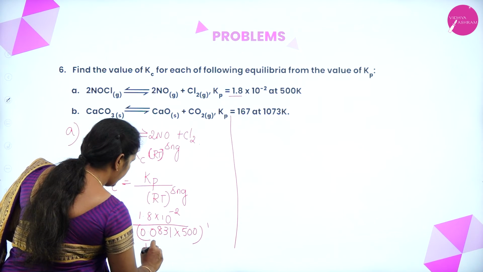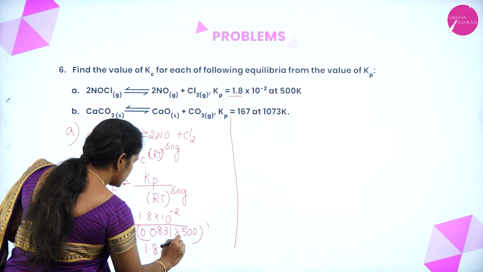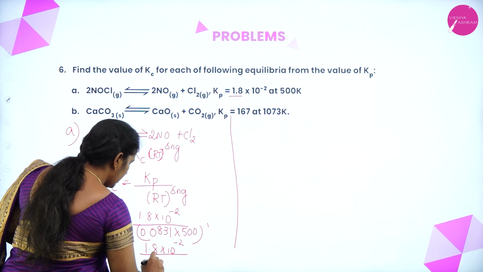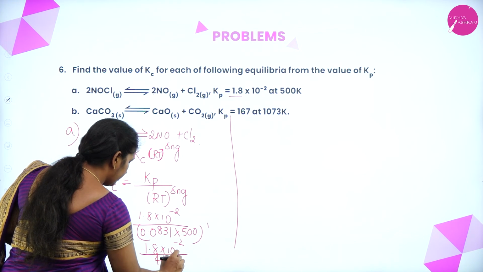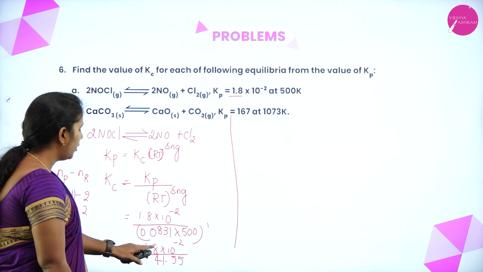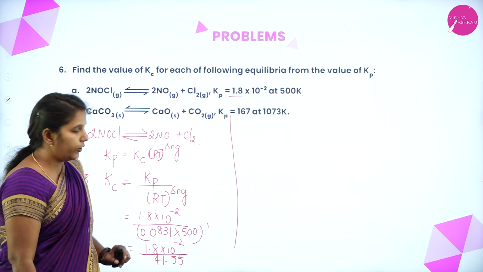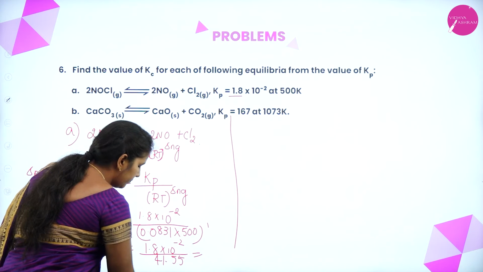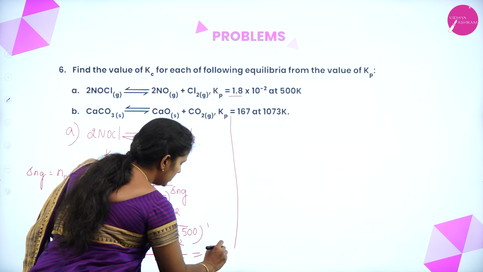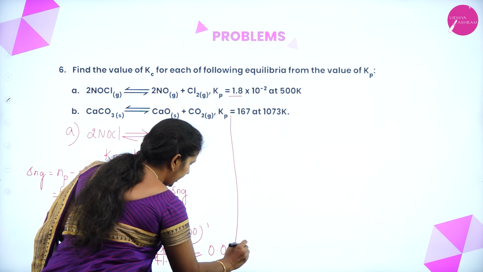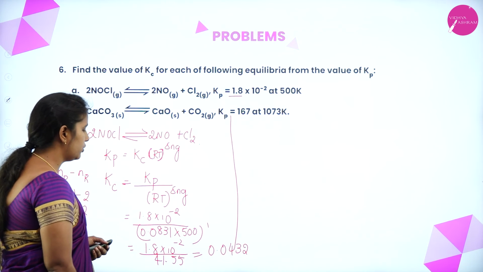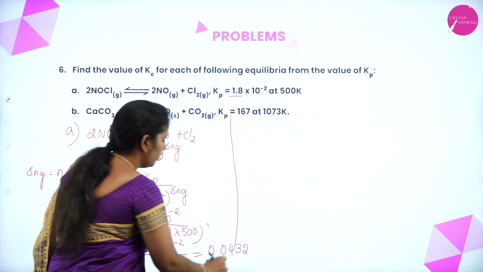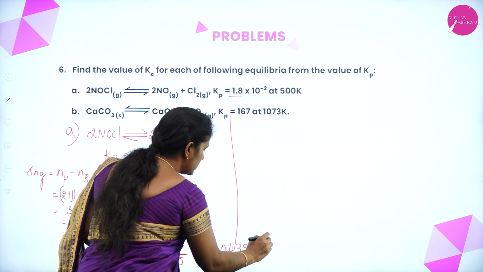So you will get 1.8 into 10 to the power of minus 2 divided by 41.55. Now you divide 1.8 by 41.55. You will get 0.0432 into 10 to the power of minus 2.